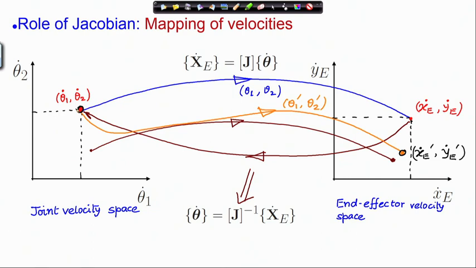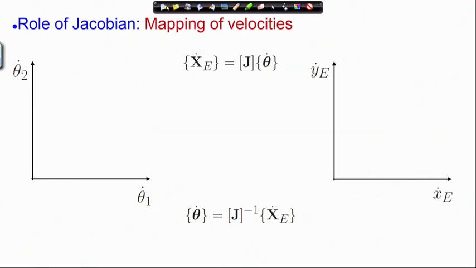Now, we are going to look at what happens at a singularity. Now, at a singularity, as I have mentioned, this does not exist. So, the Jacobian inverse does not exist. That means the determinant of the Jacobian has actually vanished.